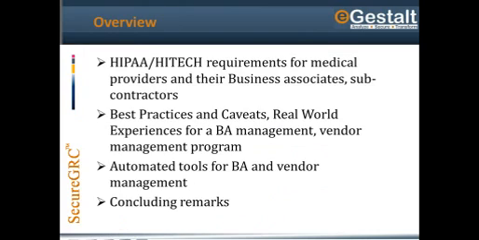Then I'll jump into some best practices and caveats that are a result of the real-world experiences that some of our partners and customers have been following to implement a formal vendor management program, which allows them to manage their business associates as well. And then I'll talk about automated tools for doing vendor management, doing business associate management, by talking about a tool called SecureGRC, followed up by concluding remarks.